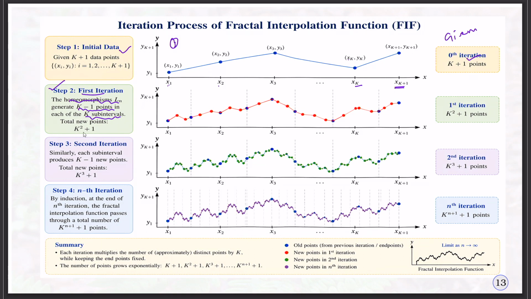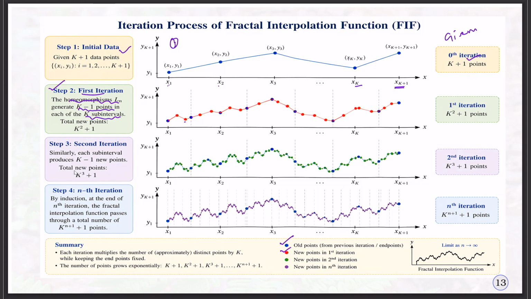The blue dots denote the old points, that is, the points given in the previous iteration. Now in each interval, after the first iteration, k minus 1 points will be generated.